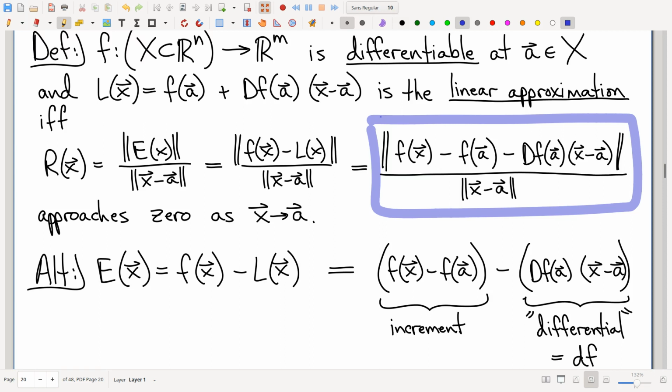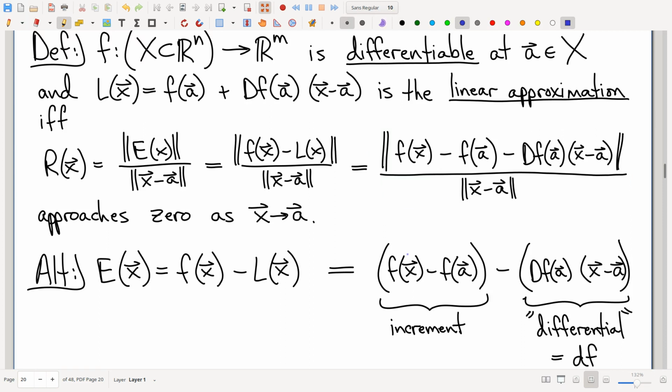It just says, and you can see it right here, we're looking at the value of the function, and then we're subtracting, and let me group these together just for convenience, we're subtracting then our linear approximation. This is just error divided by displacement in the domain. It's just relative error.